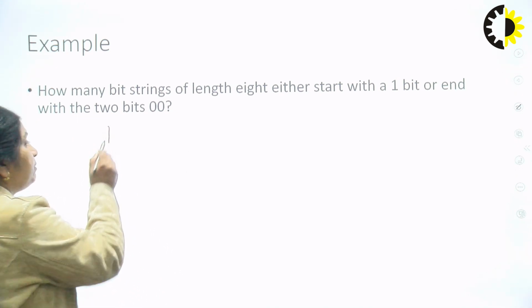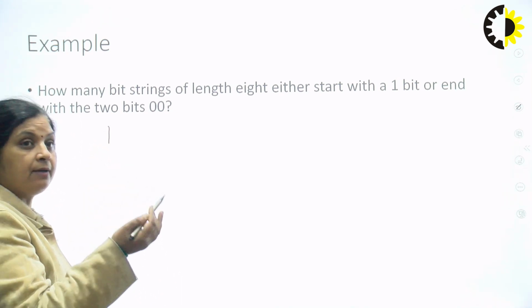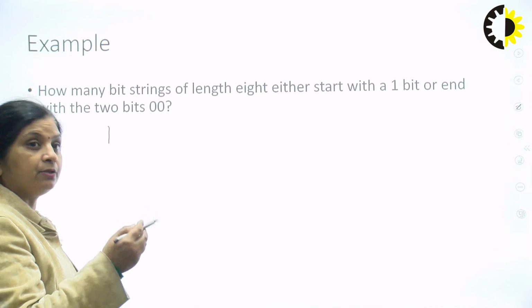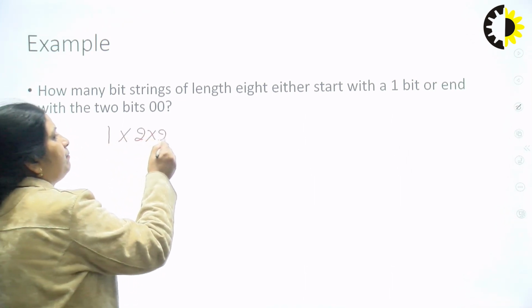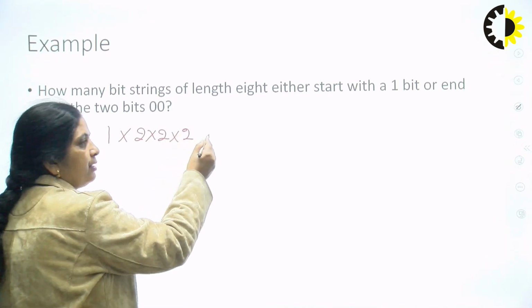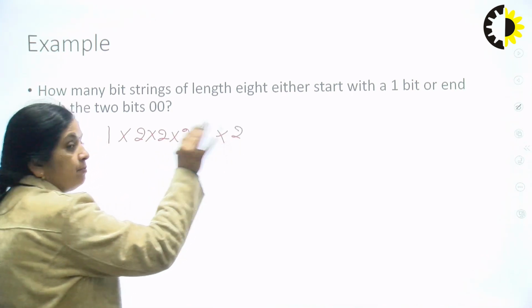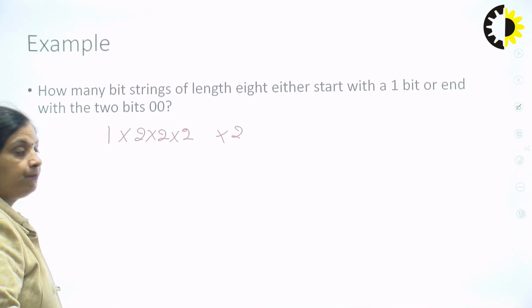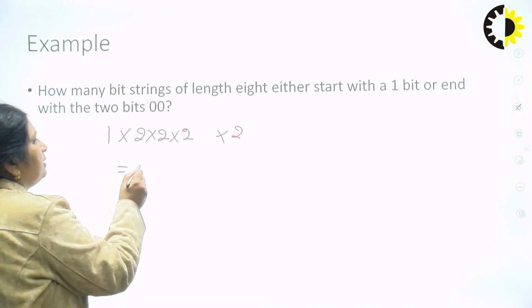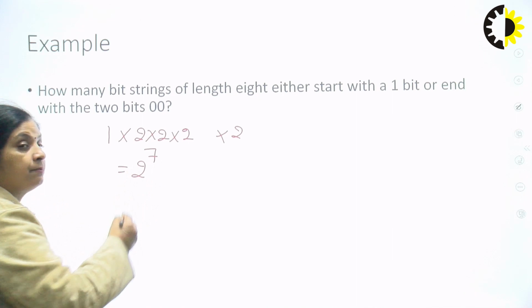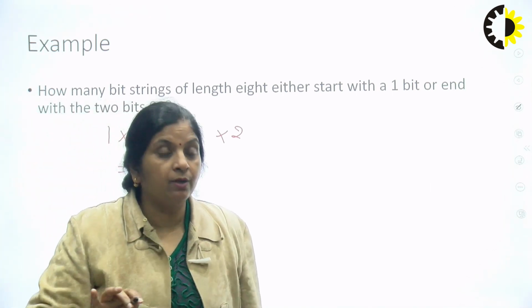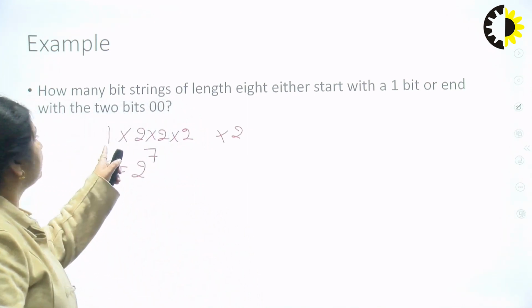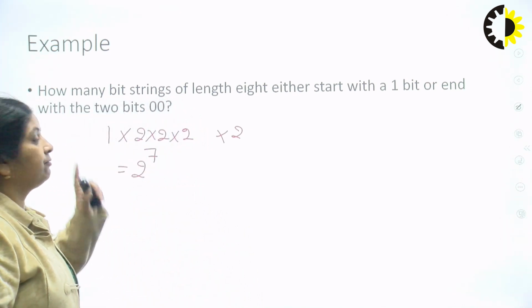It means the first bit is fixed, but the other 7 bits could be anything, 0 or 1. So I have options for the second, third, fourth, fifth, and so on up to the 8th bit. How many ways are there to do this? 2 power 7. The 7 bits can be anything, 0 or 1, but the first bit does not have the option of 0. It is starting with 1.